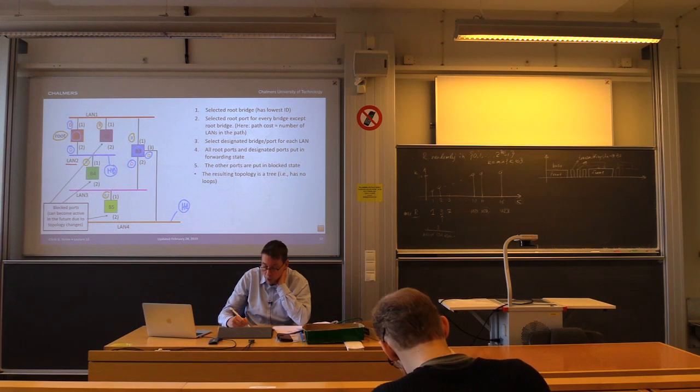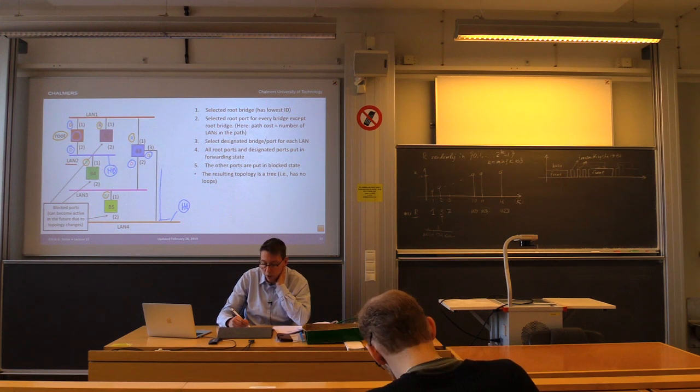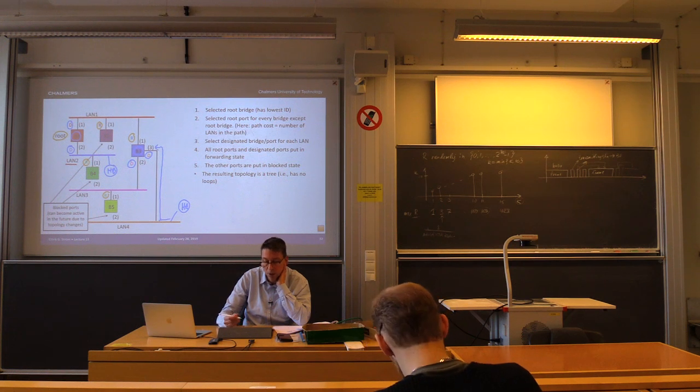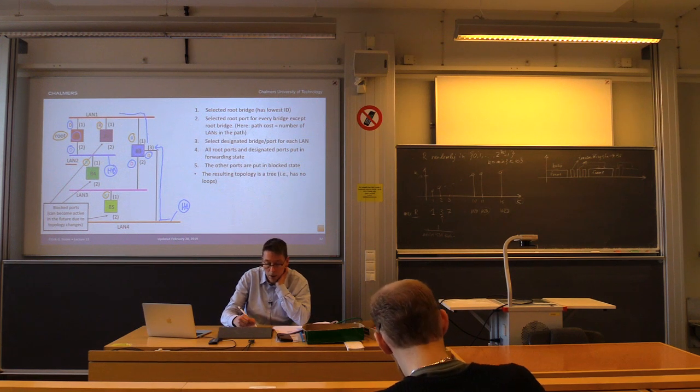Well, it will go over the LAN. It will be picked up by all the hosts which are on the LAN, but more importantly, it will be picked up by this bridge, right? Because this is the designated bridge for that LAN. And it will inspect its routing table and figure out, okay, it needs to go up here to the root, and the root would then forward that down here, like this.